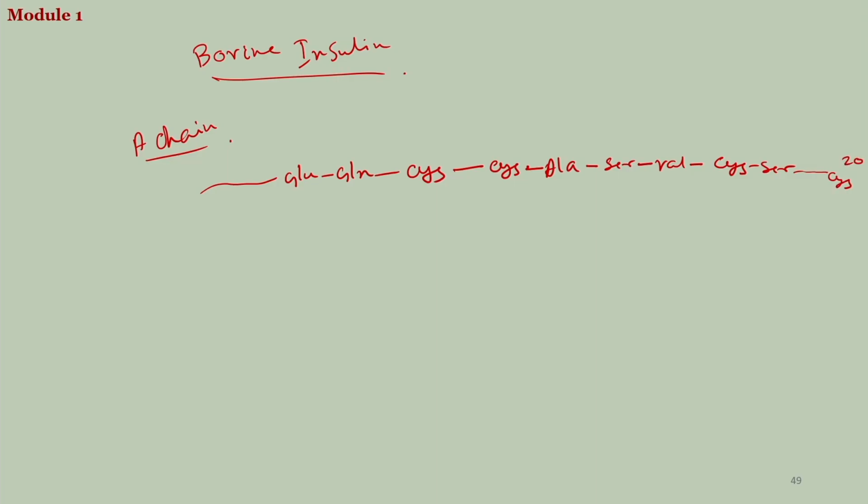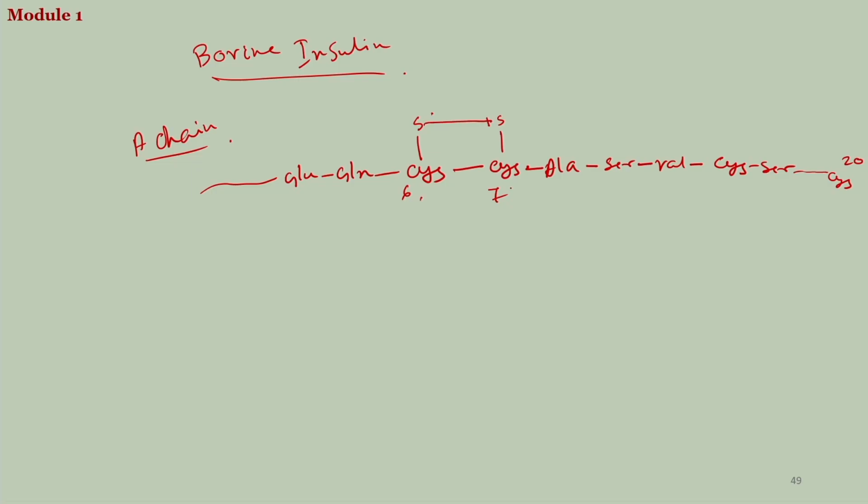So, this cysteine position is 6, this is the 7th position, and this is the 20th position of the cysteine. Now, this cysteine has an SH residue, this cysteine has an SH residue, and they can form the disulfide bond that locks the protein structure.